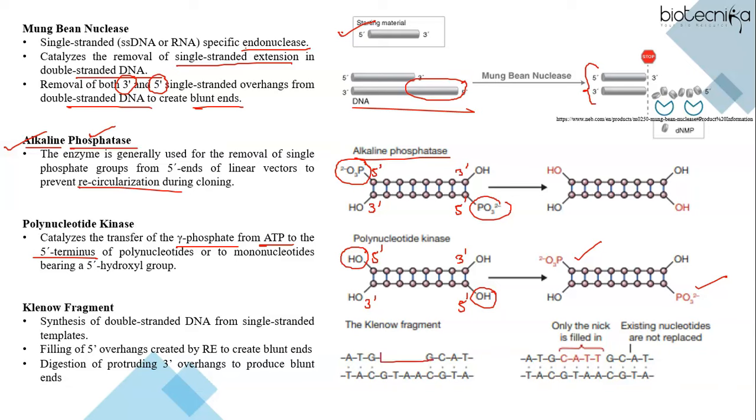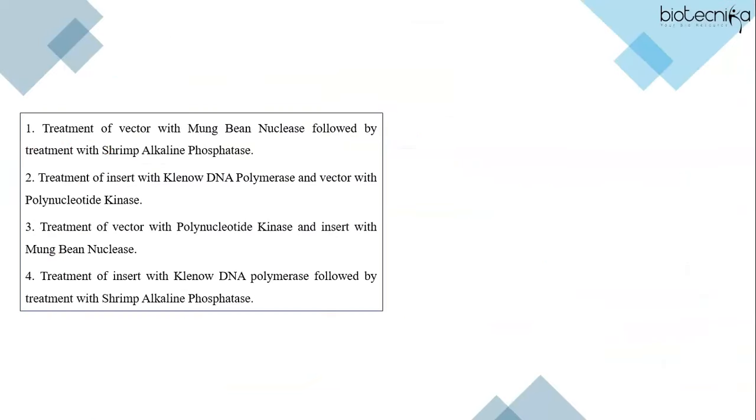As shown over here, it adds the nucleotides, so it fills in the nick. It synthesizes double-stranded DNA from single-stranded templates. Also, it can create blunt ends by filling 5' overhangs, and it can even digest 3' overhangs to produce blunt ends.